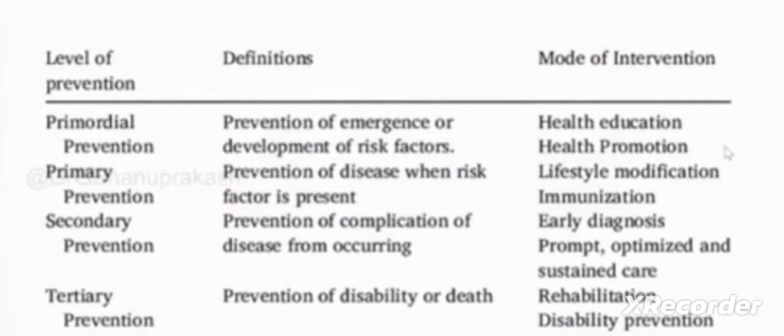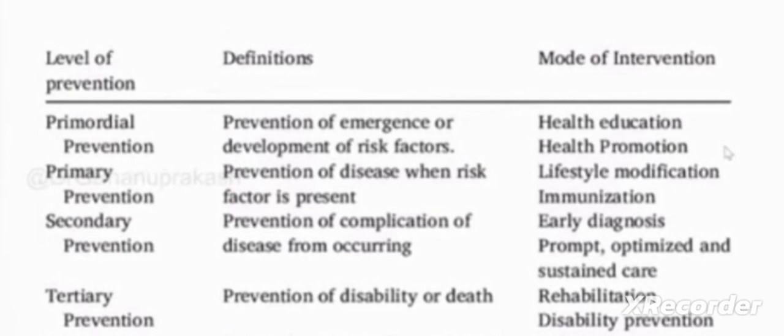So we have to avoid that, or sometimes if it is very severe, we have to remove the leg. So that leads to disability, right? So that is known as the prevention of disability or death to the patient.